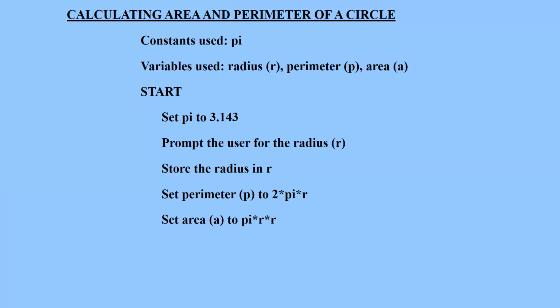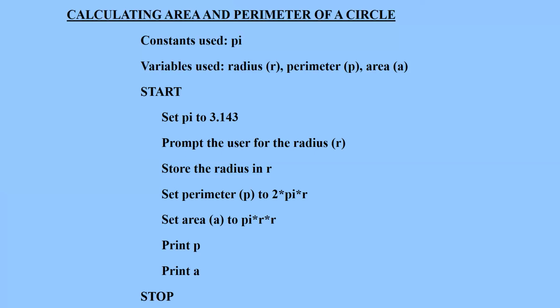In other words, set area to R squared times pi: pi times R times R. Then print P, or display the value of perimeter. Then print A, or display the area of the circle.